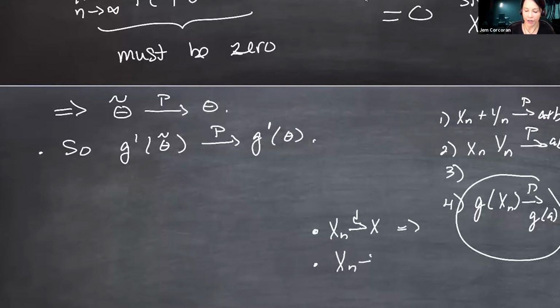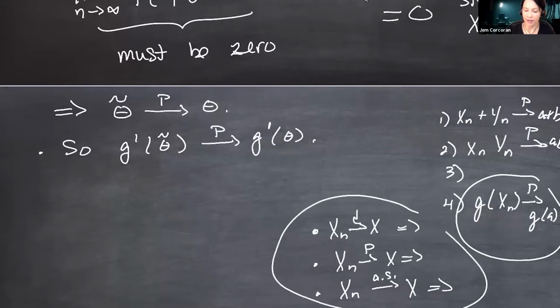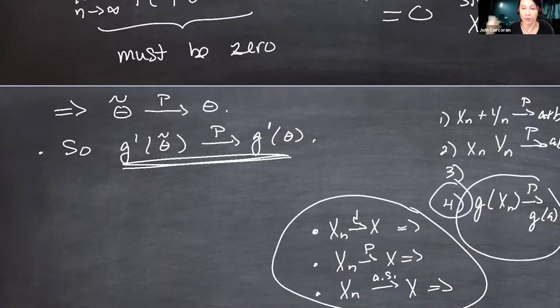And xn converging in probability to x implies that G of xn will converge in probability to G of x. And this other kind of convergence that we don't know about, called almost sure convergence, will also hold through the function G. So the statement of the continuous mapping theorem usually has all 3 points, in which case you would take this as a result of the continuous mapping theorem. But right now we have it as number 4 in a theorem that was not labeled or numbered.